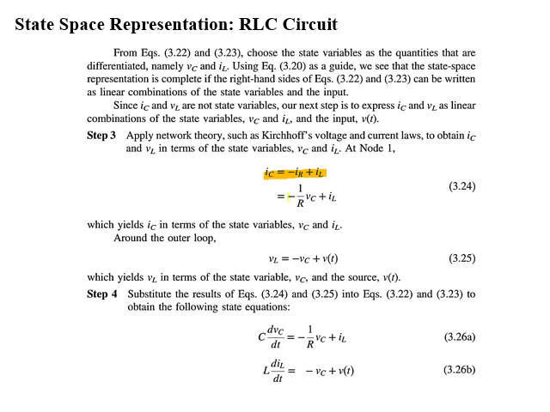where current through resistor is equal to voltage across resistor divided by resistance of resistor. As resistor and capacitor are in parallel, so voltage across capacitor is equal to voltage across resistor.